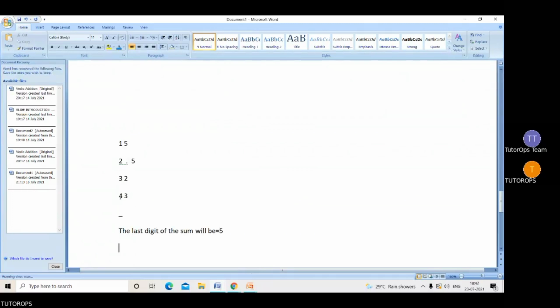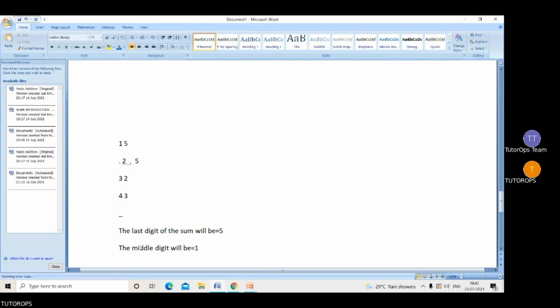So 1 plus 4 is 5, 5 plus 3 is 8, 8 plus 2 is 10. Again a dot. So we are removing the 10 and carrying forward with 1. So the middle digit will be 1.